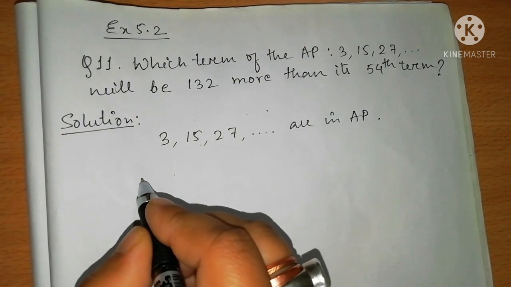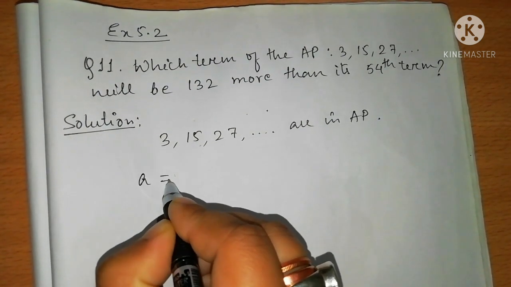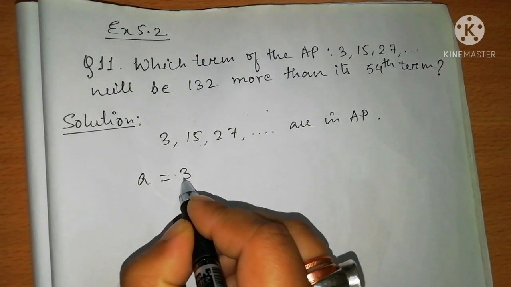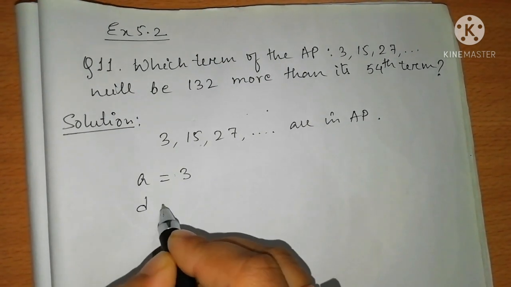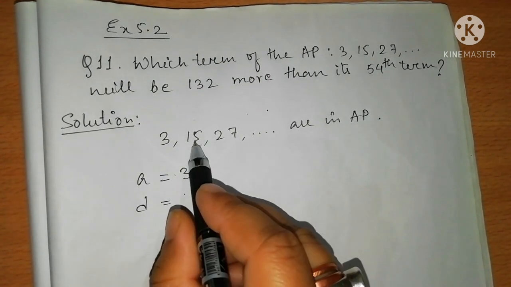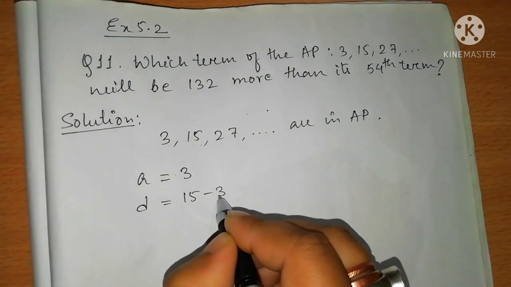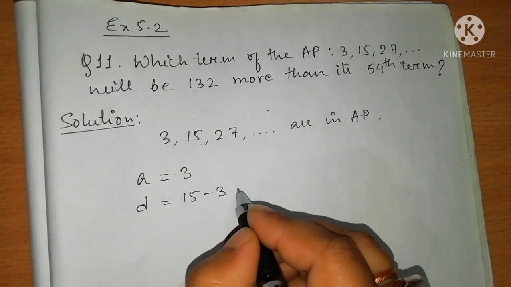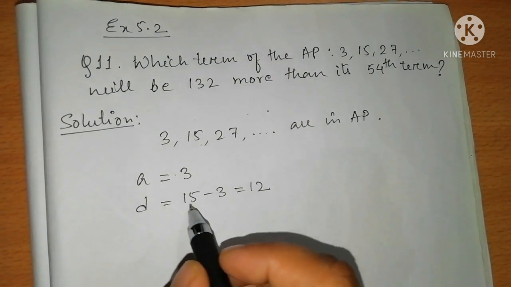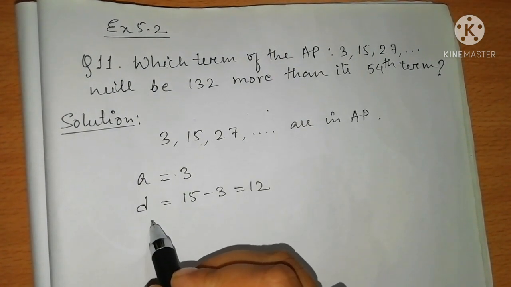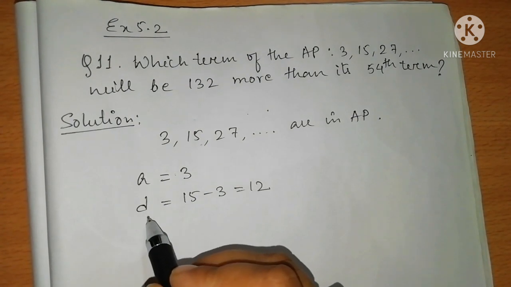So from this we can write the first term a, which is 3. The common difference we can find out as the second term minus the first term, that means 15 minus 3, which will be equal to 12. So we got a, the first term, and d, the common difference.